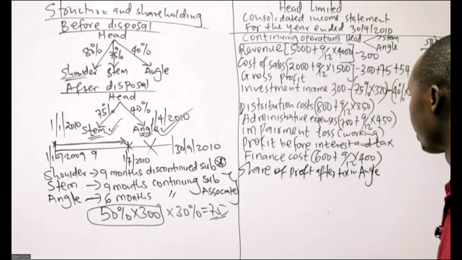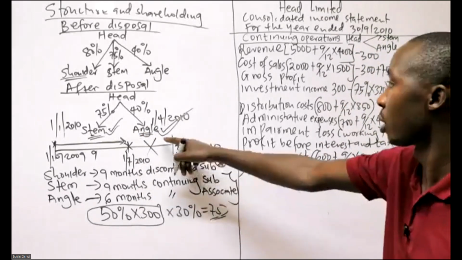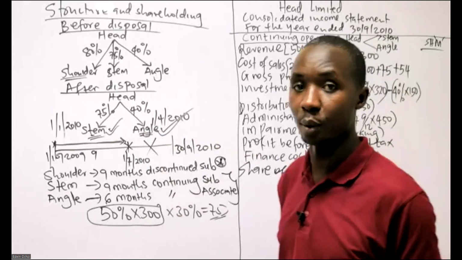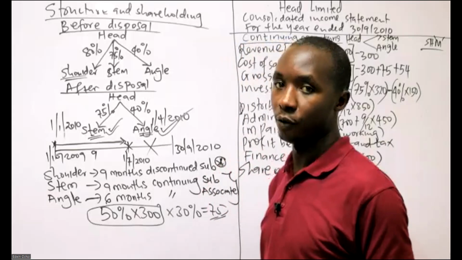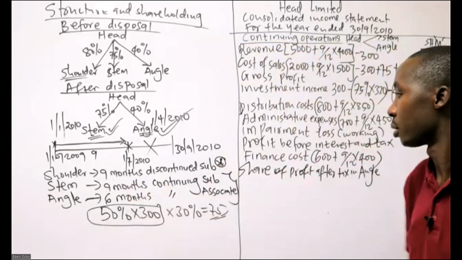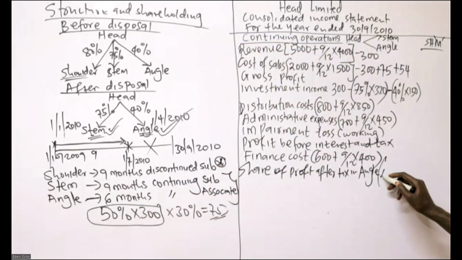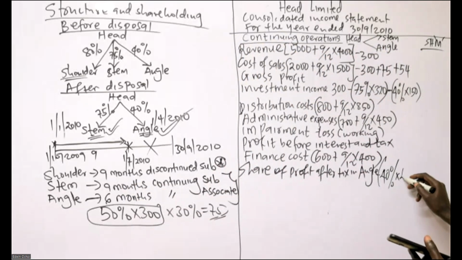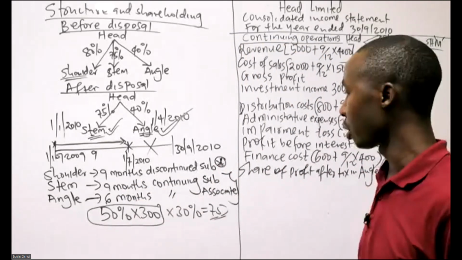So after this company uncle has paid the tax, the profit which is remaining, the parent is supposed to take 40%, but for the 6 months. So you say 40% of the profit after tax. So the profit after tax in that company was 400, but for the 6 months. So that is an income to the parent.